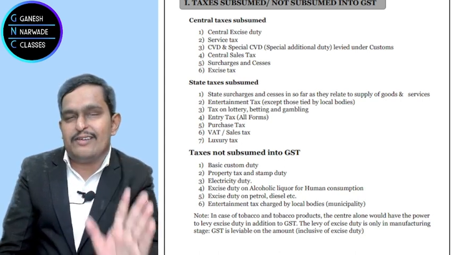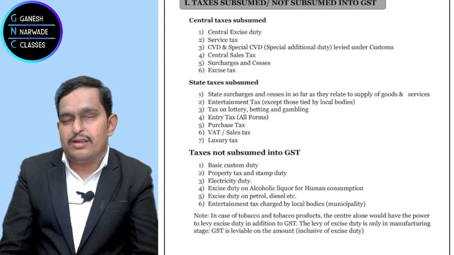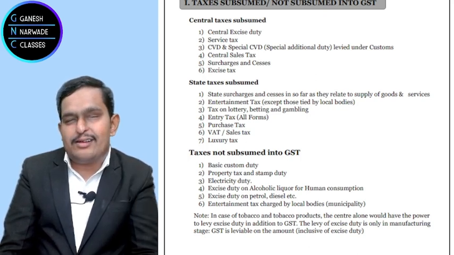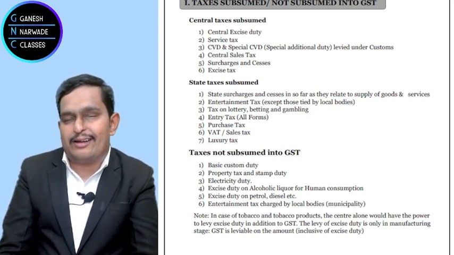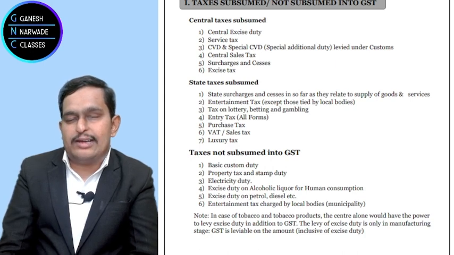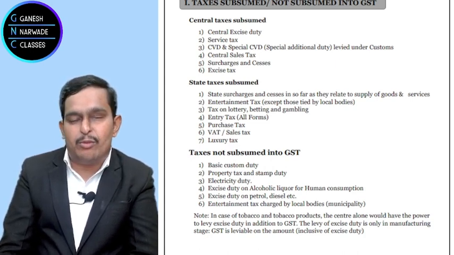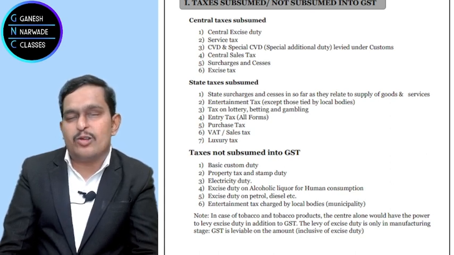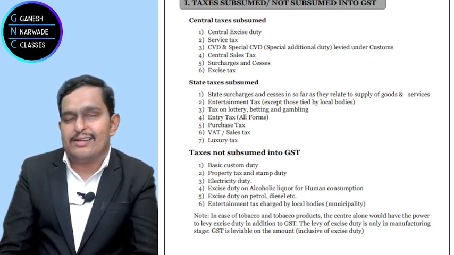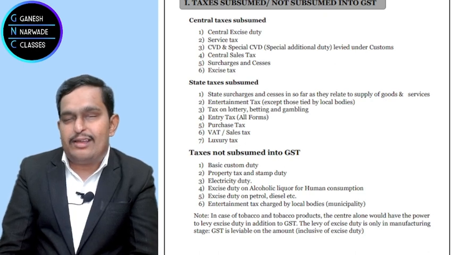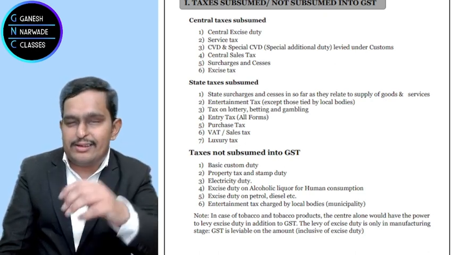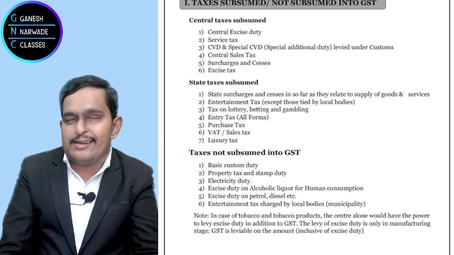The state government cannot levy entertainment tax, it is removed, but local authorities can levy entertainment tax. So the state government's entertainment tax is removed, luxury tax is removed, and tax on lottery winnings and bettings is also removed. Removed means included in GST. Okay, very good.